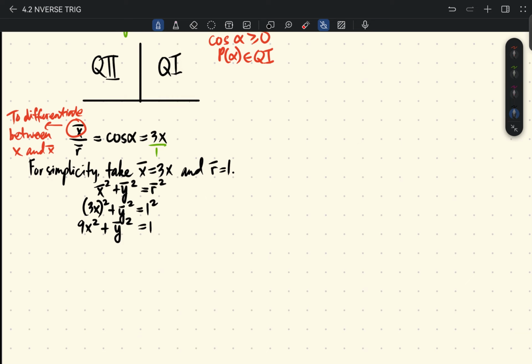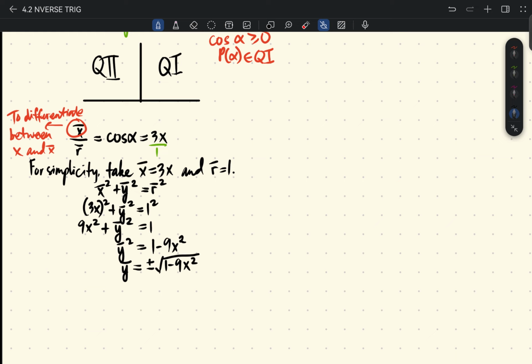And solving for y bar squared, transferring this to the right side, we get y bar squared equals 1 minus 9x squared. And obtaining the square root of both sides, we have y bar equals plus or minus square root of 1 minus 9x squared.